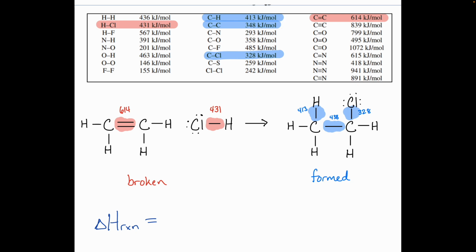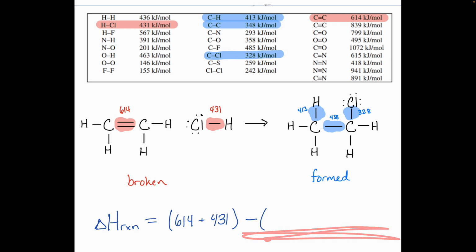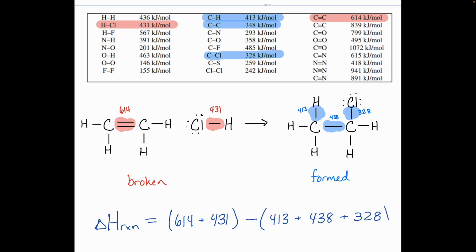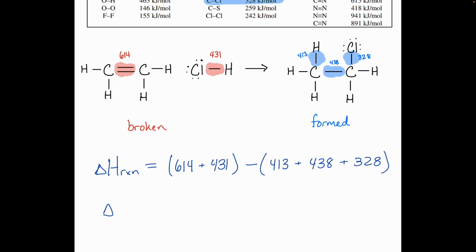Again, we're going to do the broken minus the formed. I'm putting this second term here in parentheses to be really careful with my order of operations and specifically making sure this minus sign gets distributed in correctly. So the delta H of this reaction is negative 44 kilojoules per mole. Another exothermic reaction.